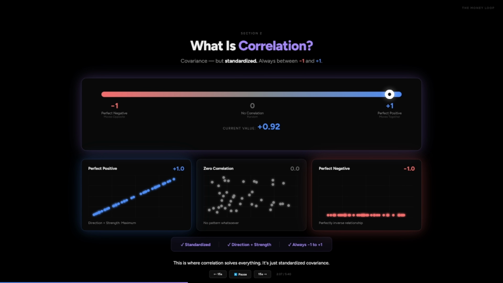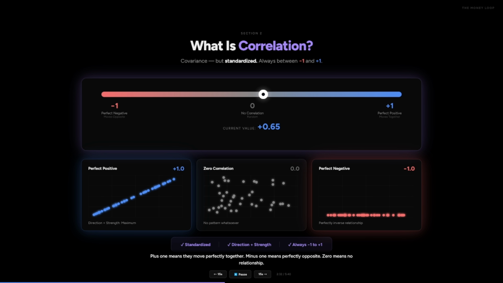But here's the problem with covariance. The actual number itself is hard to interpret. You might get a covariance value of 5 or 500 or negative 2000, but those numbers don't immediately tell you how strong the relationship is, because covariance depends on the scale of the data. So while covariance tells us the direction, it doesn't give us a clean, standardized measurement.